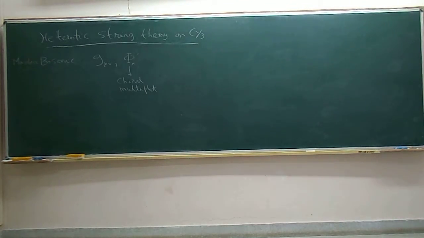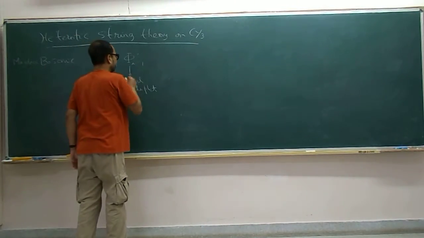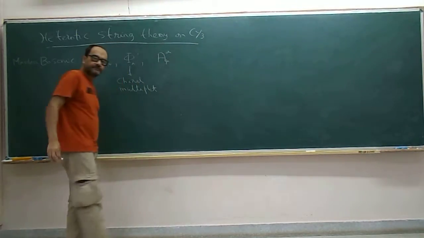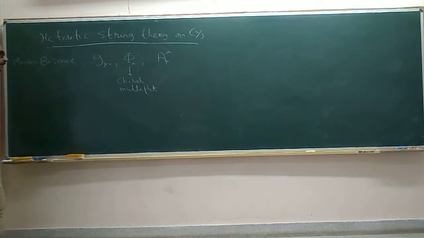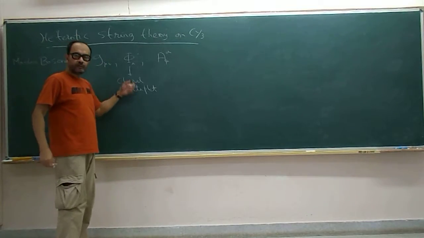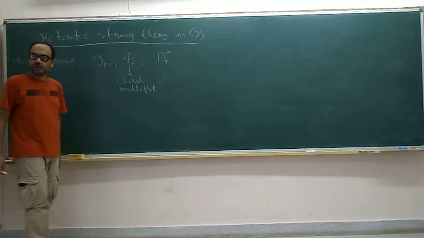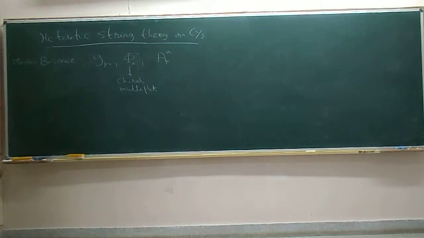So I will not write down separately the anti-chiral multiplet scalars. And then there will be a set of gauge fields. These will have their super partners, which will be Weyl fermions. The gauge fields will have their super partners, the gauginos, which will be Majorana fermions, and that's it. These are the massless fields that we expect in the low energy theory.